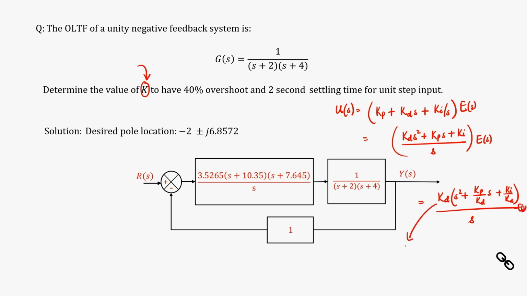So, then the gain that you will get will be your Kd, then you multiply this part out. From there you will get the coefficients of s and the constant values, that will be Kp by Kd and Ki by Kd. Since you know the value of Kd to be 3.5265, you can easily find out the value of Kp and Ki as well. Okay.